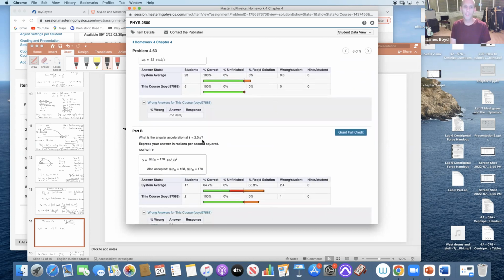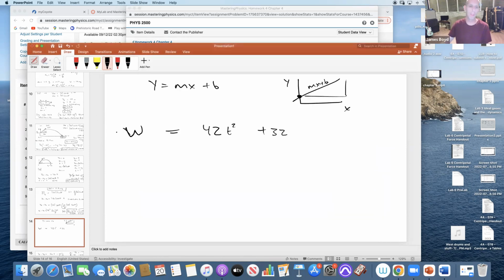Next, they want to know the angular acceleration at t equal to 2 seconds. But remember, this is our omega, so alpha is just the time derivative of omega. The time derivative of this is 42 times 2t plus 0. There's no time in the 32, so no derivative.